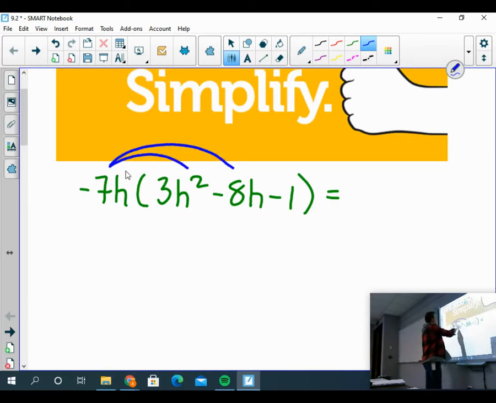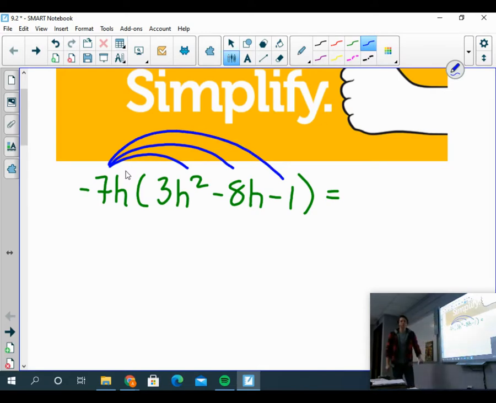Again, when I have a monomial and something outside the parentheses, I'm going to distribute it into the parentheses by multiplying it by everything in the parentheses. When I do this, I have negative 7h times 3h squared, which gives me negative 21h cubed. Again, like bases multiplied together means I add the exponents.